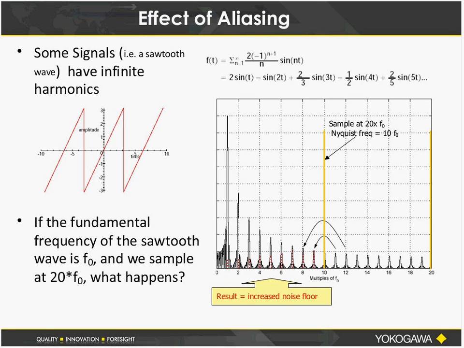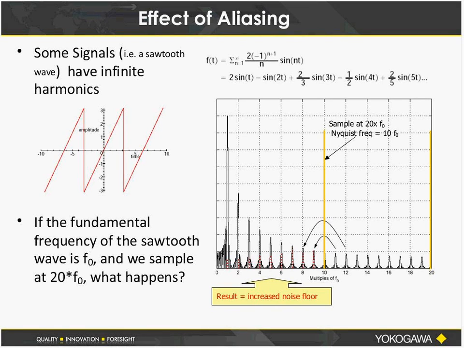So if we have a sawtooth wave whose fundamental frequency is one time there in the chart, and we oversample at 20 times, meaning the fold-over frequency is 10 times, you can see all those high-frequency harmonics will get folded over at the 10 times Nyquist frequency and increase the noise floor of the measurement. So that's the real-world effect of aliasing. It increases the noise floor of your measurement.